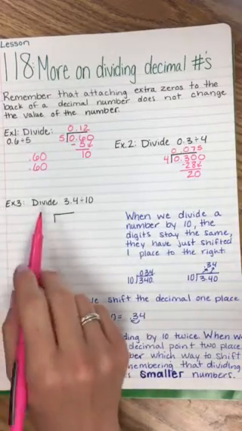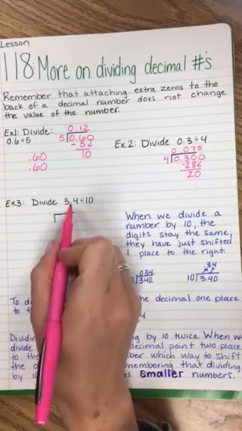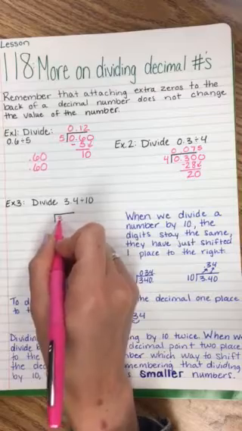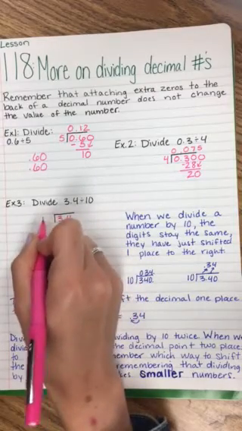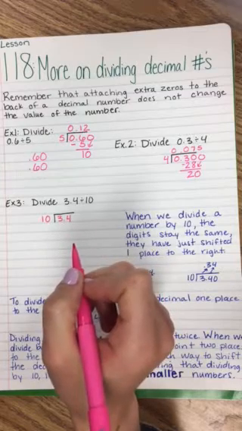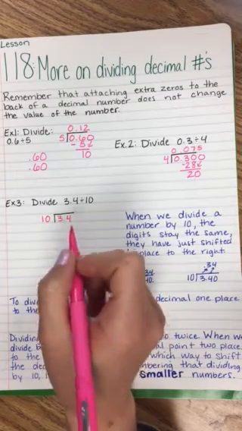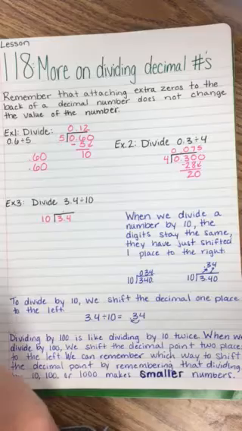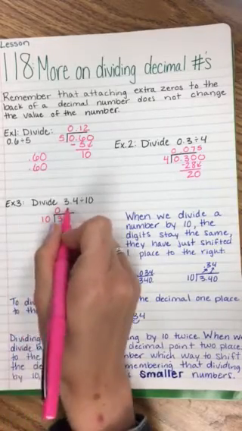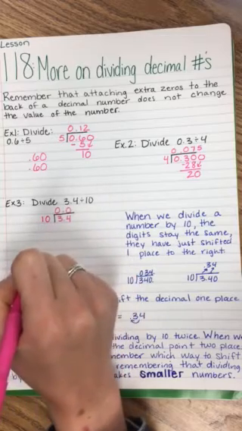Okay, example 3. Divide 3 and 4/10 by 10. As we divide, we will attach the zeros to 3.4. The first thing you do, put your decimal point up there, 0. Okay, 10 can go into 3, 0 times.